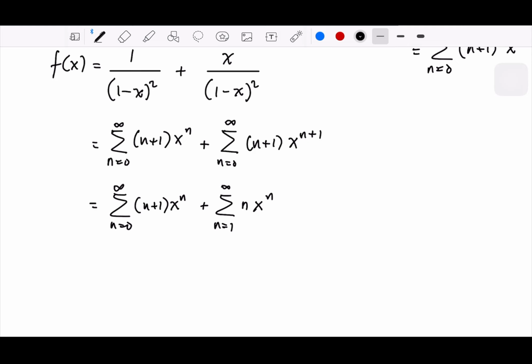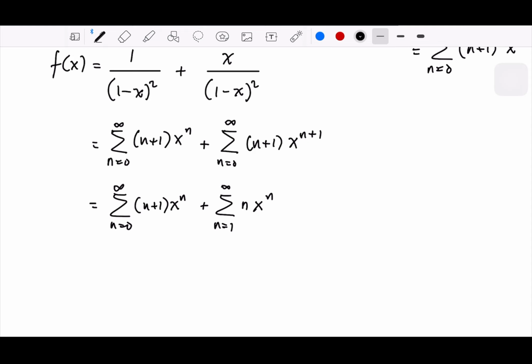The next technique, or the next method that we usually use, is if we simply look at this left series, if we take n equals 0, so 0 plus 1, x to the power of 0, so 1, it's just 1.